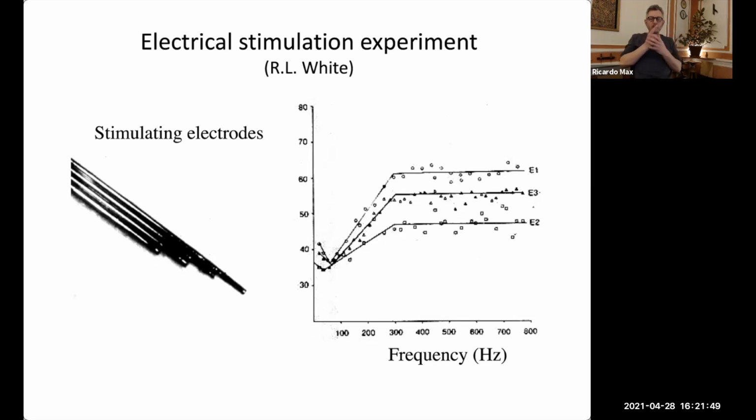Each time only one electrode emitted an electrical signal. At each trial, one of the electrodes fired and emitted the electric signal at a different frequency, randomly. Here on the bottom we can see the different frequencies emitted. They are mostly low frequencies. And these are the 3 electrodes placed in different places along the basilar membrane.